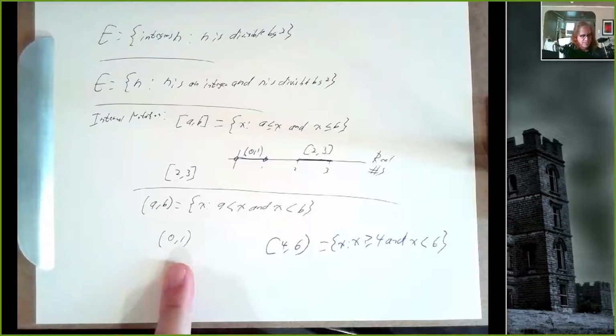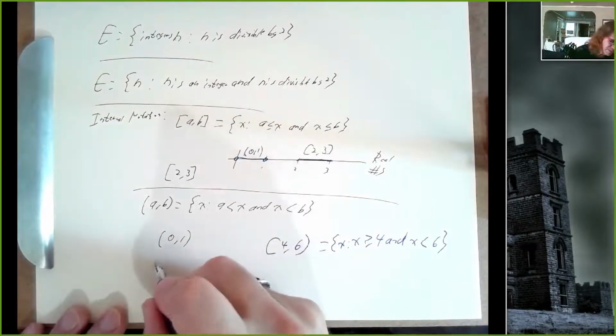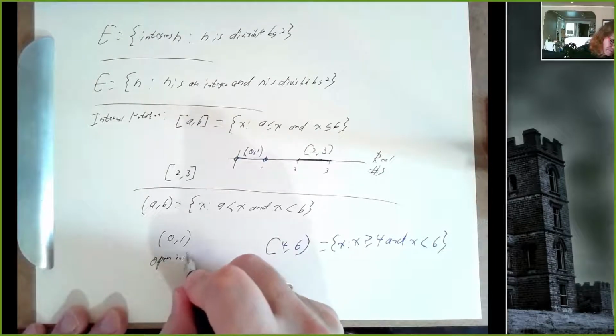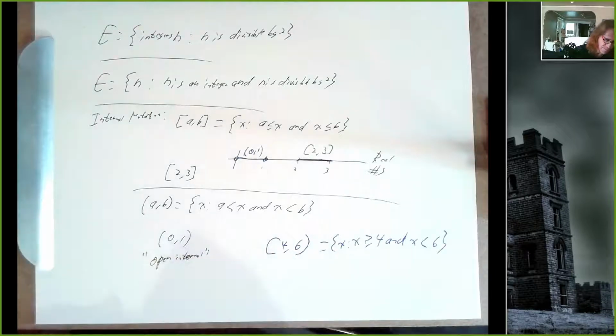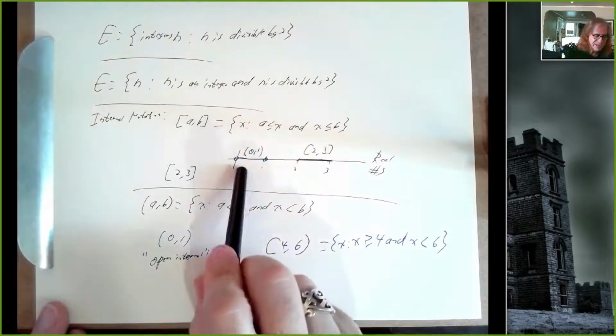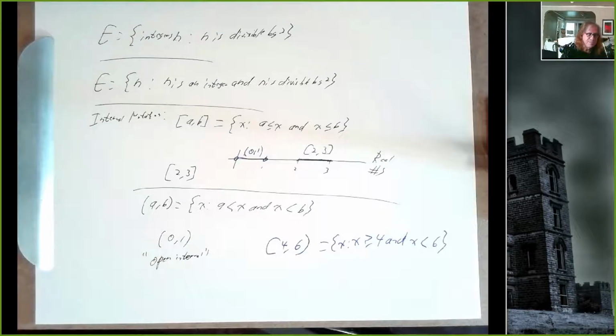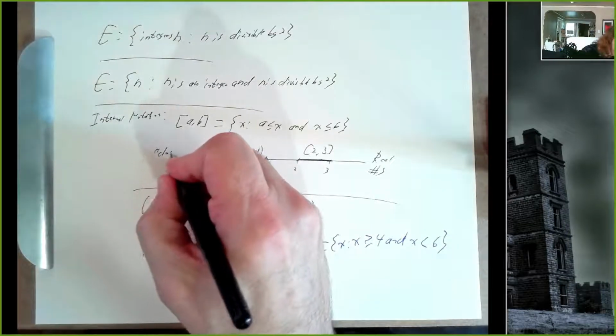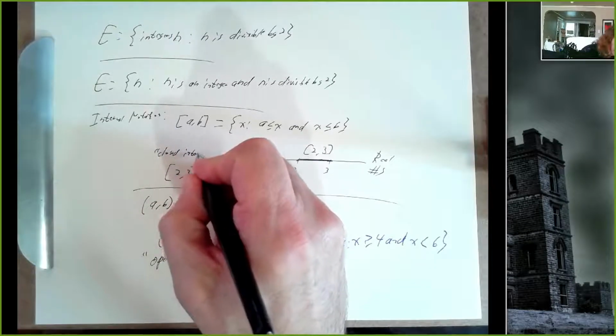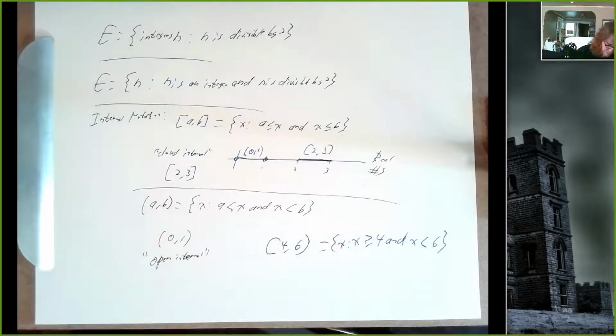This type of set where we're not including the endpoints, this is something called an open interval. In a sense, it's open on the ends. It's got all the stuff in here, but it's missing the endpoints. This setup here where we're including the endpoints, we call a closed interval. Just more definitions, right? It turns out the study of open and closed intervals is a whole subject in itself.